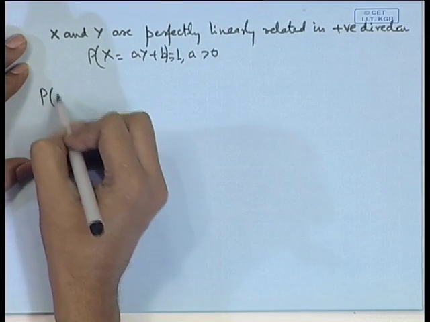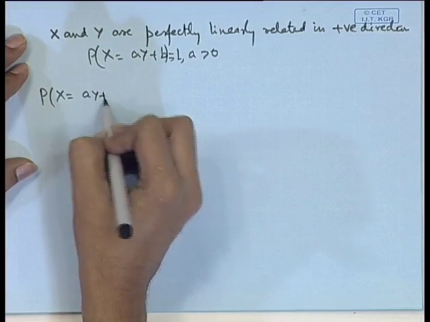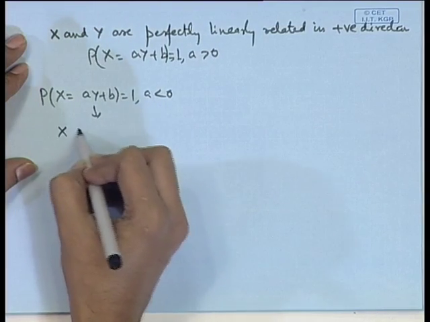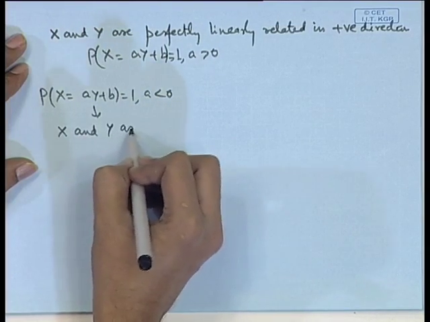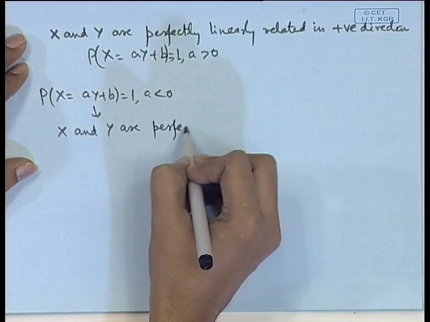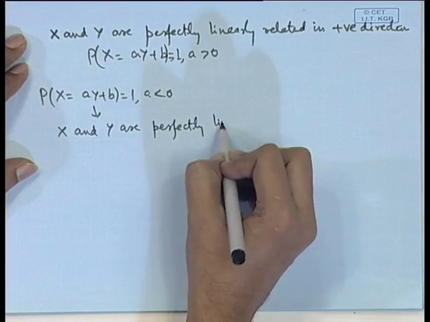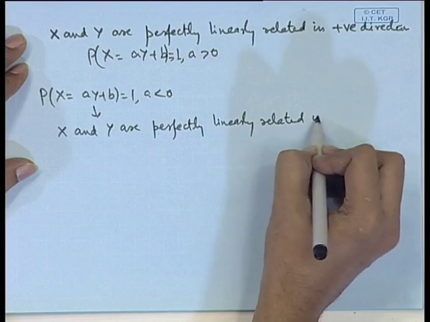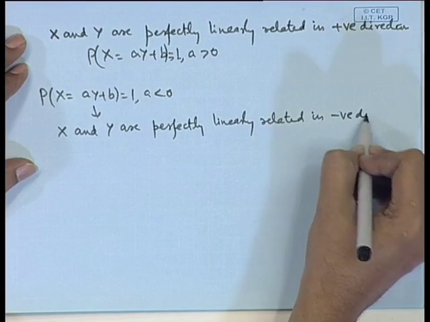And if we say probability of x equal to a y plus b is equal to 1 where a is negative, then we say that x and y are perfectly linearly related in negative direction.